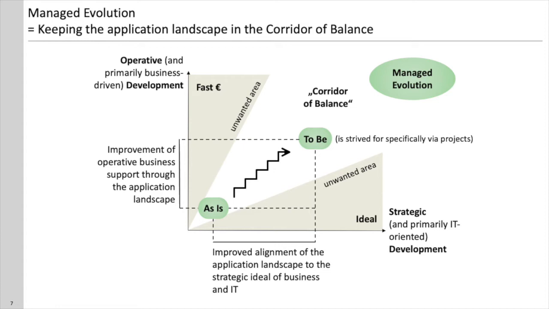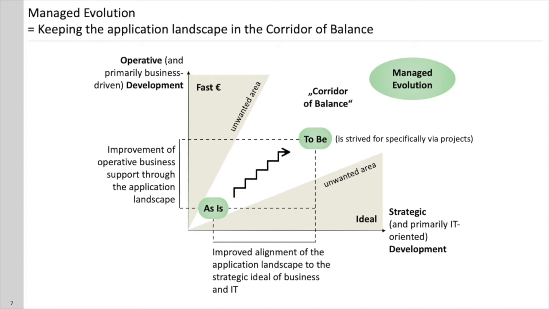And to avoid going into the unwanted area, we have the ideal sort of pulling us to the other side that we take care of. So with every step that we take in terms of improving our operative business support, we combine a step into the other direction. We combine a step towards improved alignment of the application landscape to the strategic ideal of business and IT.